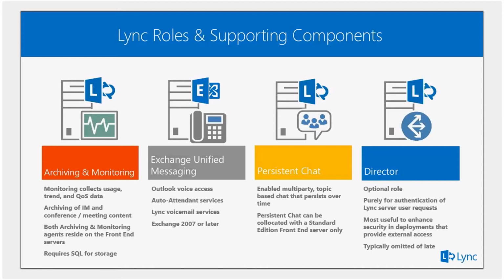Now, if someone swamps your director and brings it to its knees, your internal front-end servers that are hosting your internal conferences and everything going on in your corporate environment are unaffected, because it's the director that's been crippled by the hassle from the external world, if you like. So that's the purpose of a director. Typically, there's not really a reason for it to be deployed.